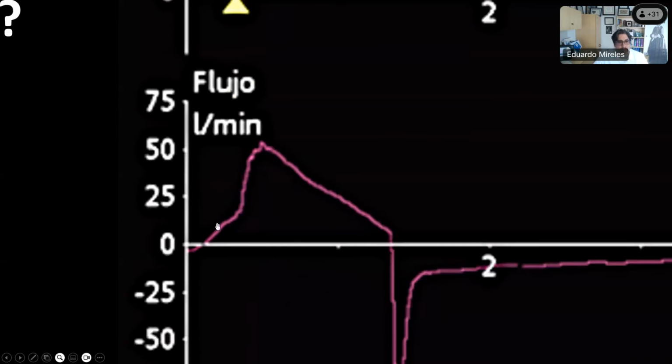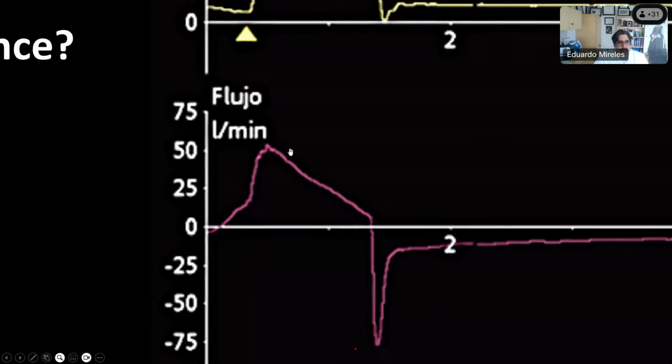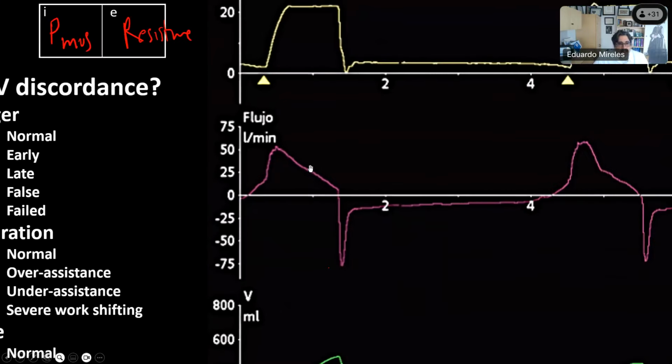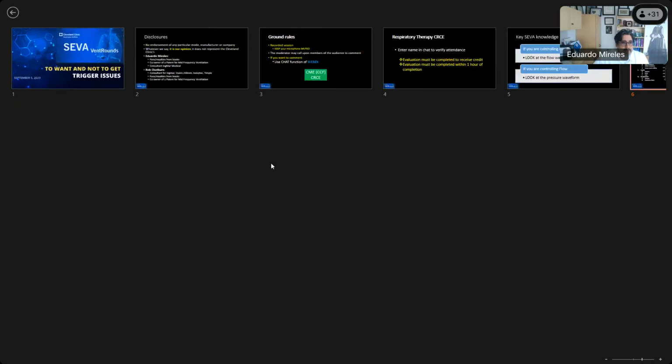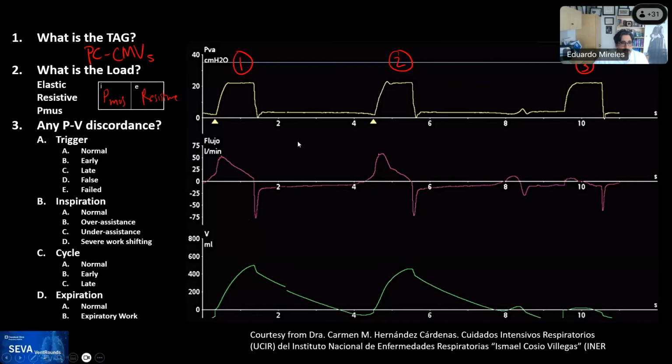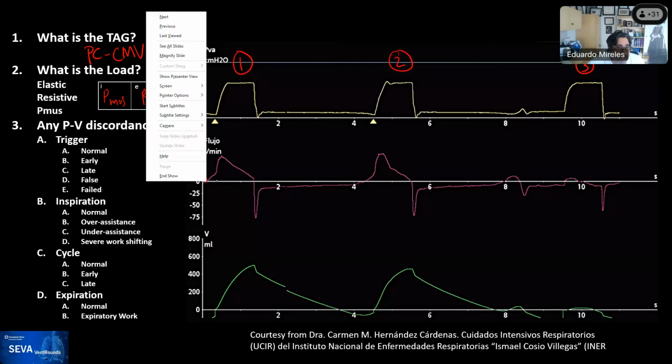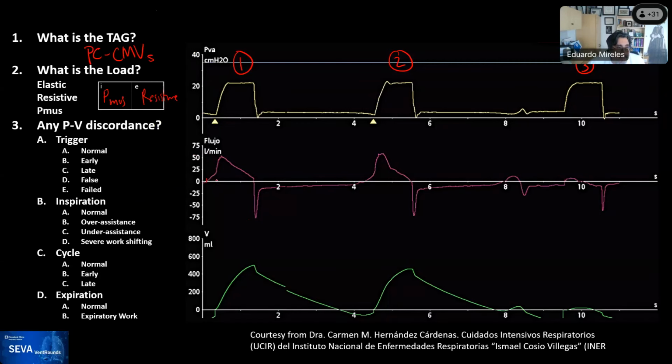So 2 hands versus 10 hands. So you can see that the patient was actually generating, if you come down and look at the flow. Sorry. Wrong button there. If you see the flow started here, it crossed baseline, and the ventilator activated all the way over here.